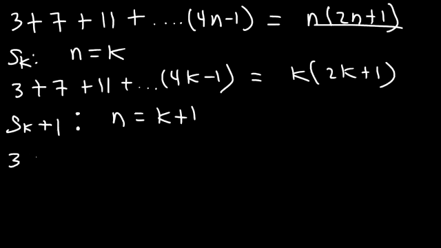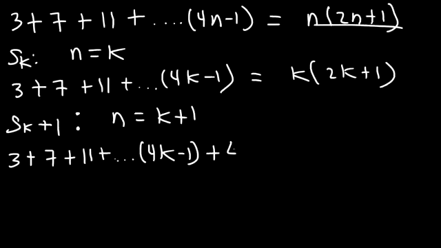So on the left, we're still going to have 3 plus 7 plus 11 plus 4k minus 1. But then we're going to add the next term. And so for the next term, we just have to replace k with k plus 1. So it's going to be 4 times k plus 1 minus 1.